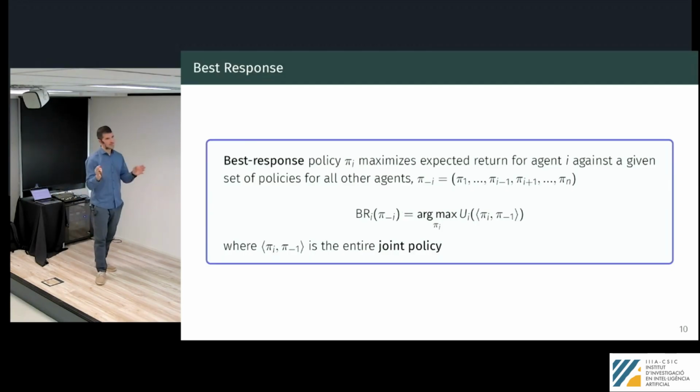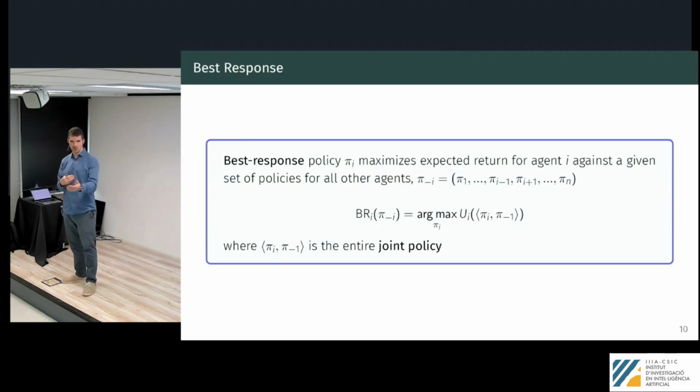As an example, imagine we are playing a game of rock, paper, scissors, you and I. You know what rock, paper, scissors is. Let's say you use a very specific policy with particular action probabilities, and my best response is simply my policy that maximizes my return against your specific way of playing rock, paper, scissors, if I know exactly what your policy is. That's where this name comes from: the best response to your actions.